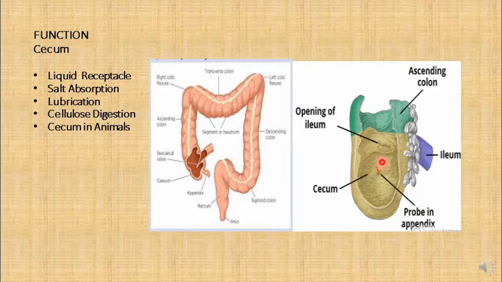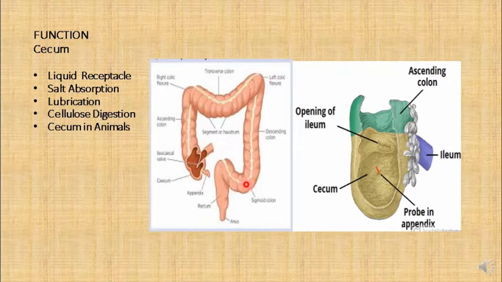When plant-eating animals take in cellulose, the bacteria and enzymes in the cecum of these animals cause fermentation. And that breaks down the cellulose fibers and then allows the rest of the large intestine to digest the nutrients from the cellulose.